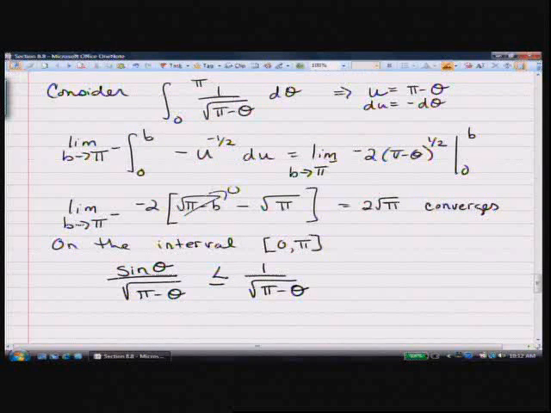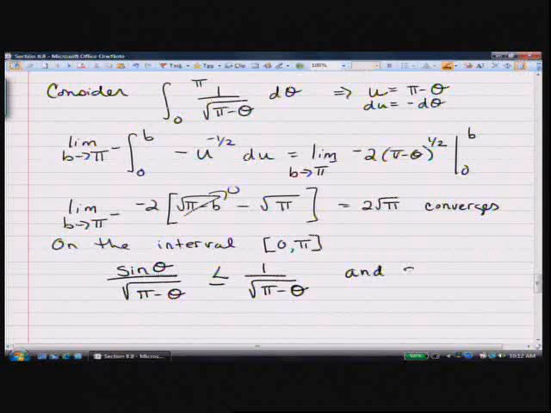Do we agree? Why? Right, because on that interval, and actually in general, the sine goes from negative 1 to 1. Its range is from negative 1 to 1. So the sine will never, all that it'll do is make that smaller or the same, okay?